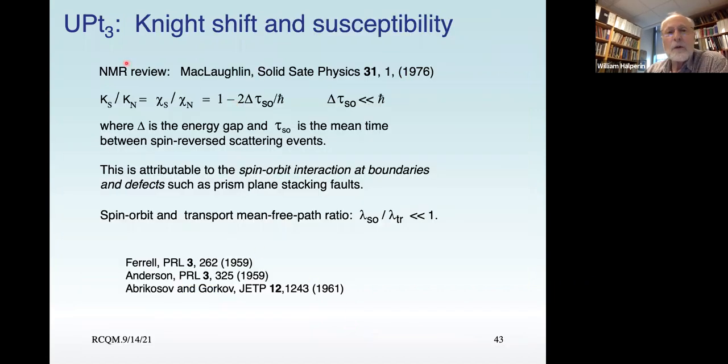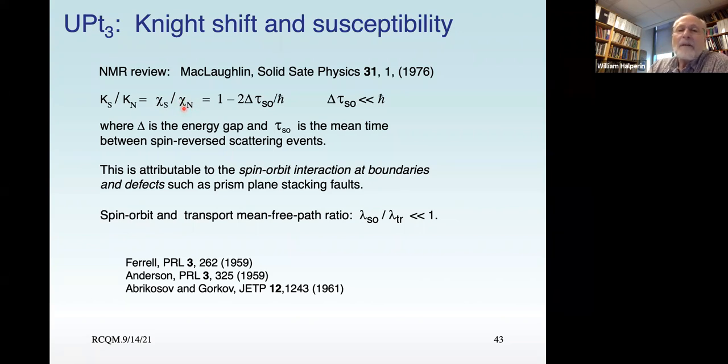For those of you who are not NMR aficionados, I want to point out McLaughlin's beautiful review in Solid State Physics of Knight shifts. The Knight shift ratio is the Knight shift in the superconducting state at lowest temperature to that of the normal state, and the spin part of the Knight shift is proportional to the spin part of the susceptibility compared to the normal state susceptibility.